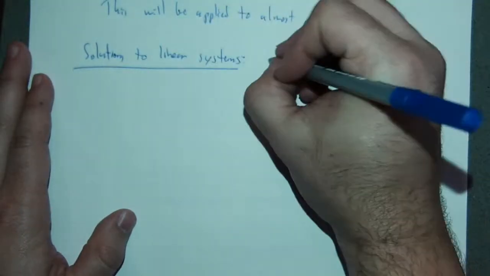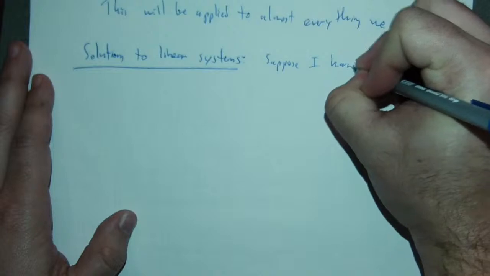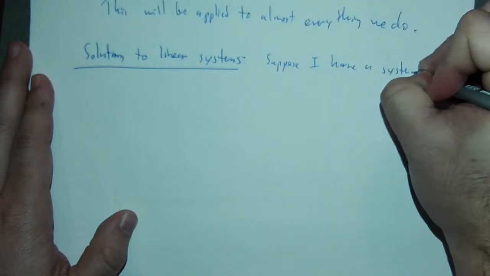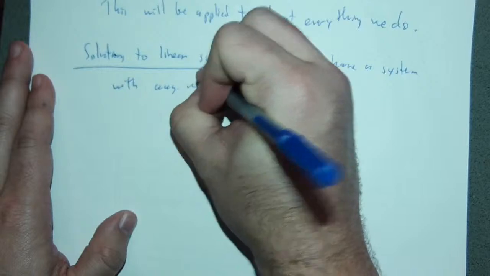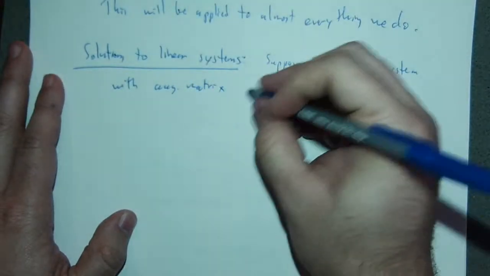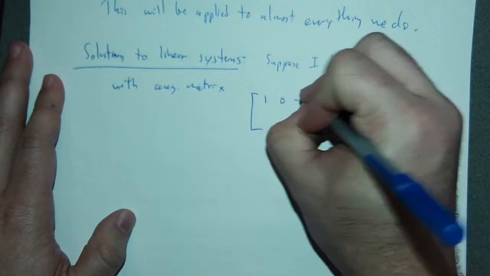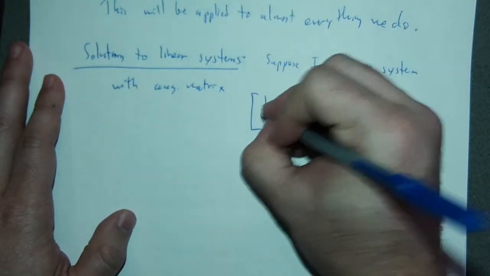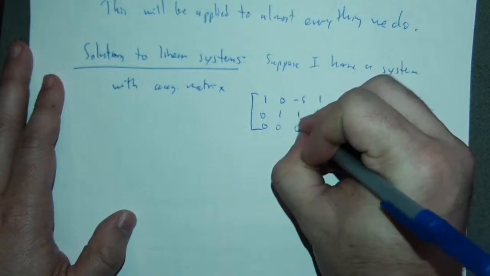So suppose I have a system with augmented matrix, reading row-wise: 1, 0, -5, 1, 0, 1, 1, 4, 0, 0, 0, 0.